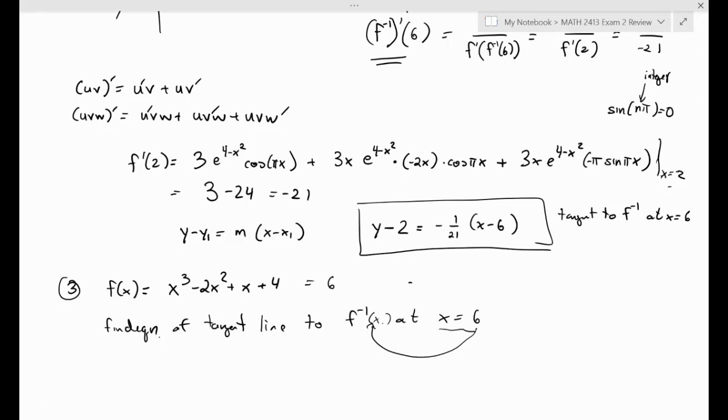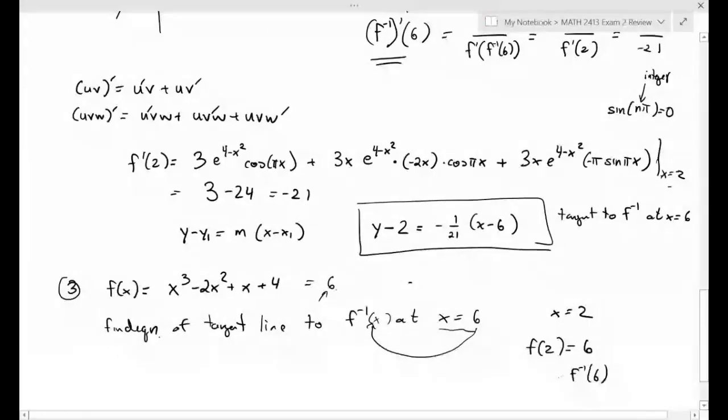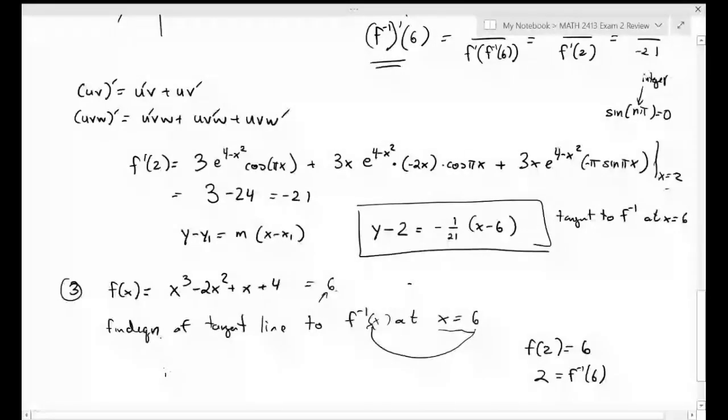But then you would have to set the original function to 6 and solve for x, and it's quite doable. You'll find that x is equal to 2. In other words, f of 2 is 6, so f inverse at 6 should be 2. I didn't write the answer. I'll include this in the answer group.